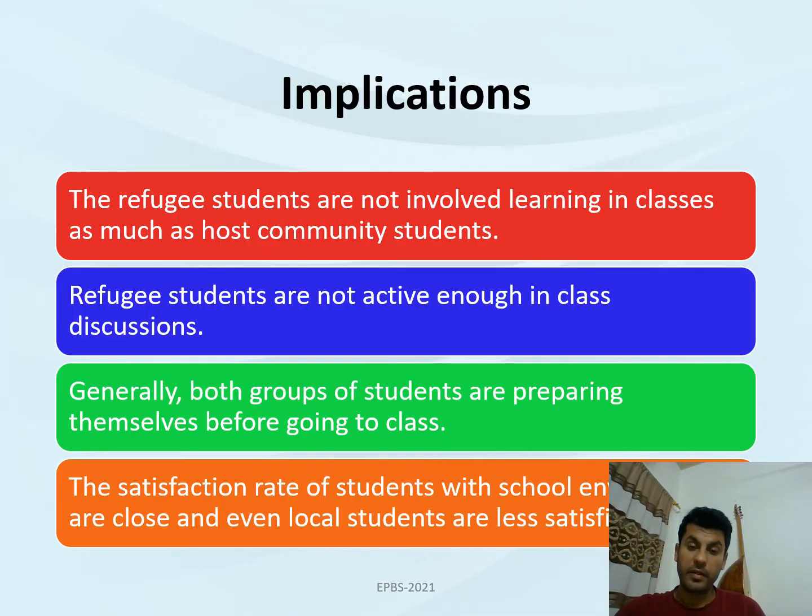And about the implications of the study, we found that the local students are more involved in learning in the classes than the refugee ones. That's in line with the first hypothesis, because the refugee students were not as active as the local students, but generally they are preparing themselves before going to the class.